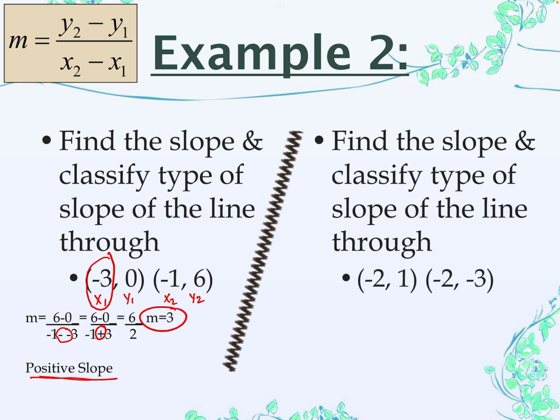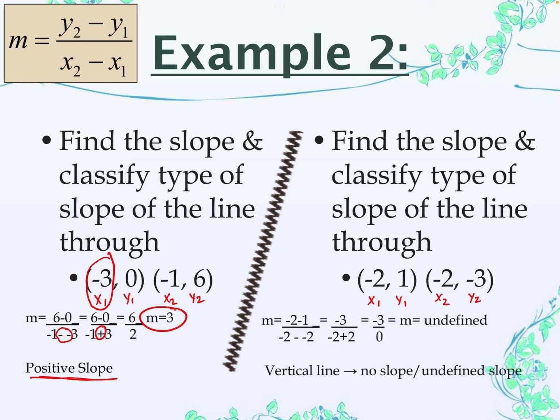Then for the second example, same thing. The first thing we want to do is label our coordinates. We got our x1, y1 coordinate, my first x and y coordinate. And then I have my x and y coordinates from my second point. We're going to call those x2, y2. So again, we're just going to plug those into that formula.